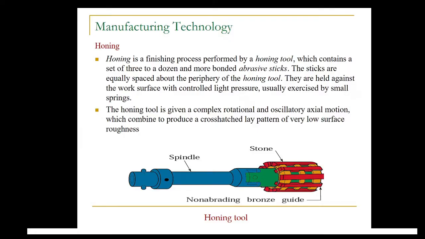Here you can see a honing tool with honing stones attached at the periphery of a spindle. These honing stones are held against the internal surface of the workpiece with controlled light pressure. The pressure is exerted with the help of small springs mounted in the honing tool.